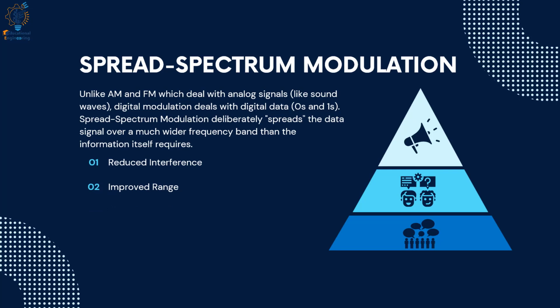Second, the improved range: spreading the signal allows for lower transmission power, which can improve the range, especially in situations where high power might not be desirable. Third, increased security, because the spread spectrum signal appears like noise to an unintended receiver. It offers a layer of security by making it difficult to detect or intercept the actual data.